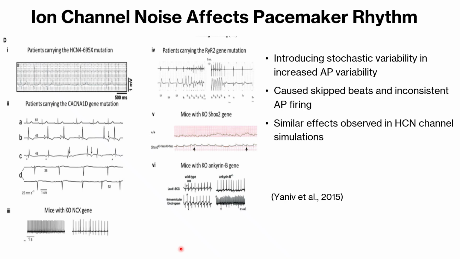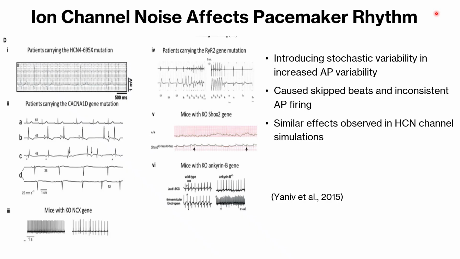The membrane clock, specifically the L-type calcium current, is the main subject of these graphs and figures you see, especially right here, the first one. Adding randomness to this current in the simulation caused the action potentials to fire erratically, exhibiting duration variability and skipped beats.